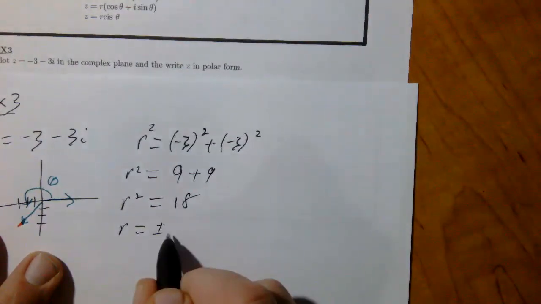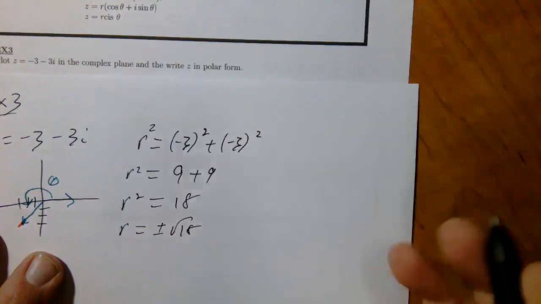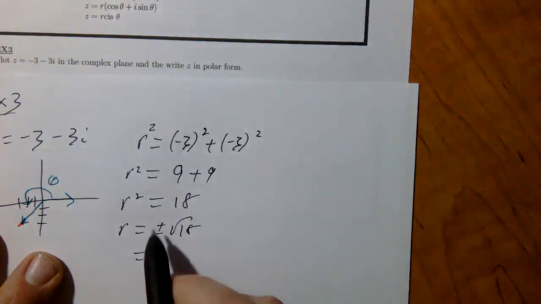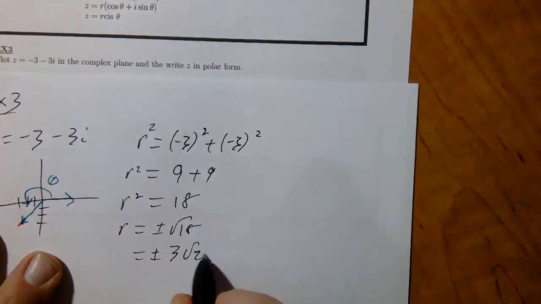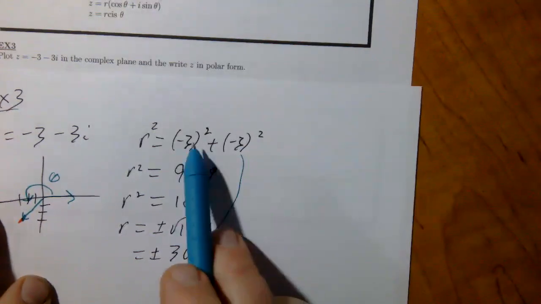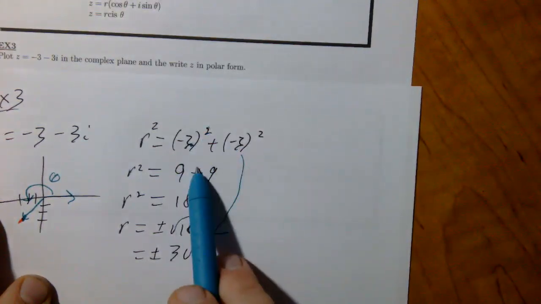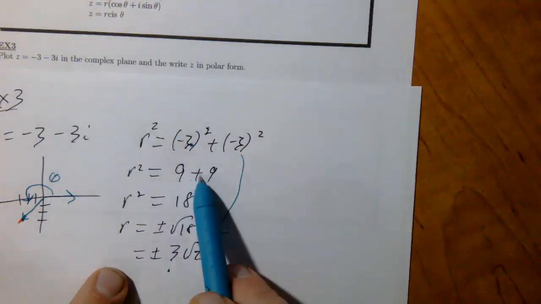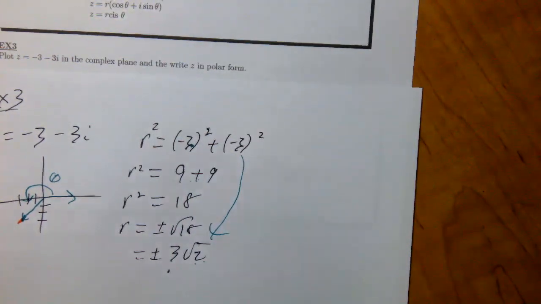Now, technically, this would be plus or minus the square root of 18, which you could leave like that, or you could think of this as 9 times 2, and the square root of 9 would come out. This would be 3 root 2. If you think about it, you could have just jumped from that, right? Because this is 9, which means you have 2 of them. So since the square root of 9 is nice, you could have left that as the 3, and since there was 2 of them, that 2 would remain inside the root. Whatever, you'll still get there.